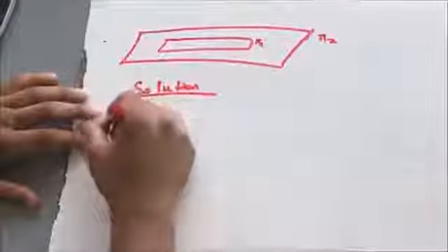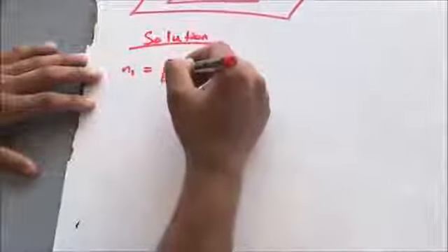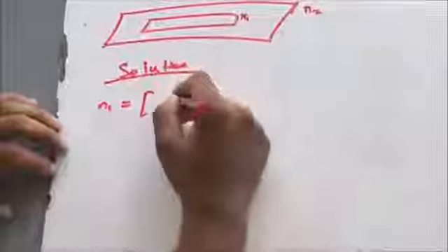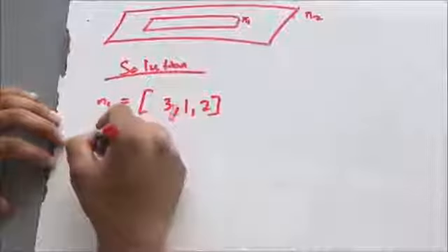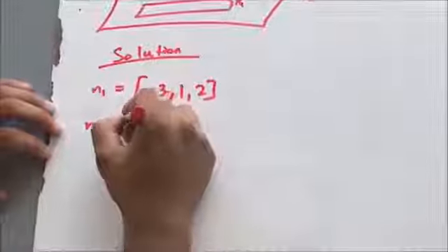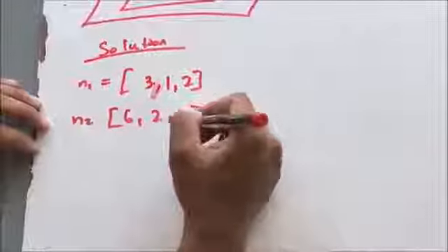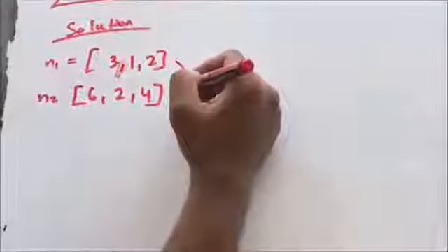First we find the normals of each plane, and as I mentioned before, we just take the coefficients of each x, y, and z respectively. So 3, 1, and then 2, and normal 2 would be 6, 2, 4. Now we can see that the normals are multiples of each other, right?